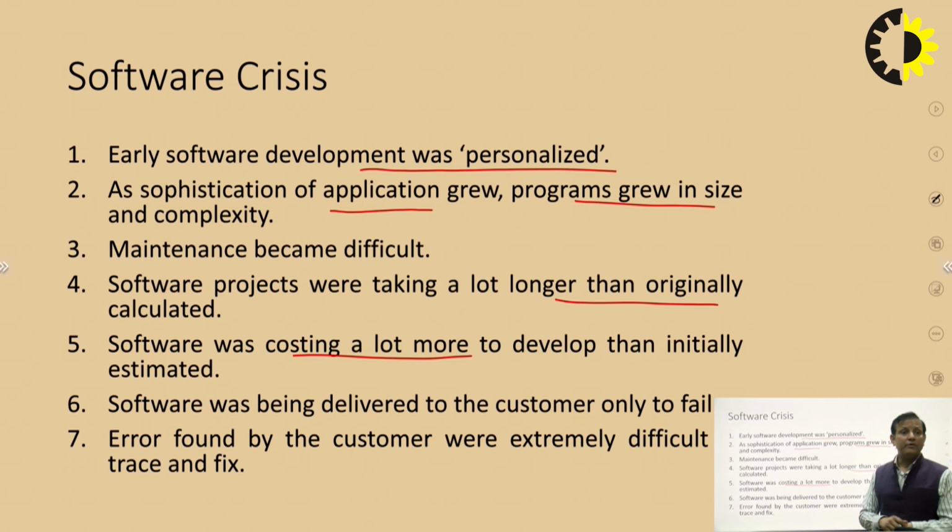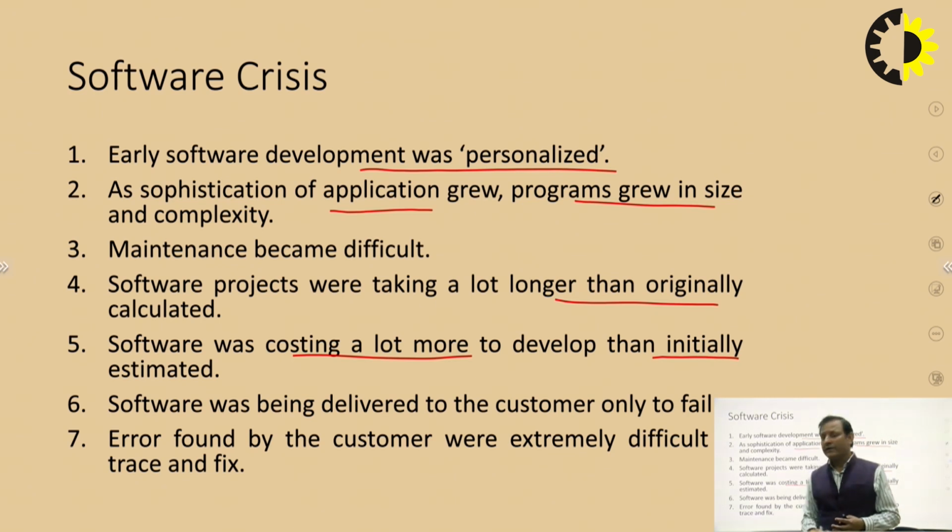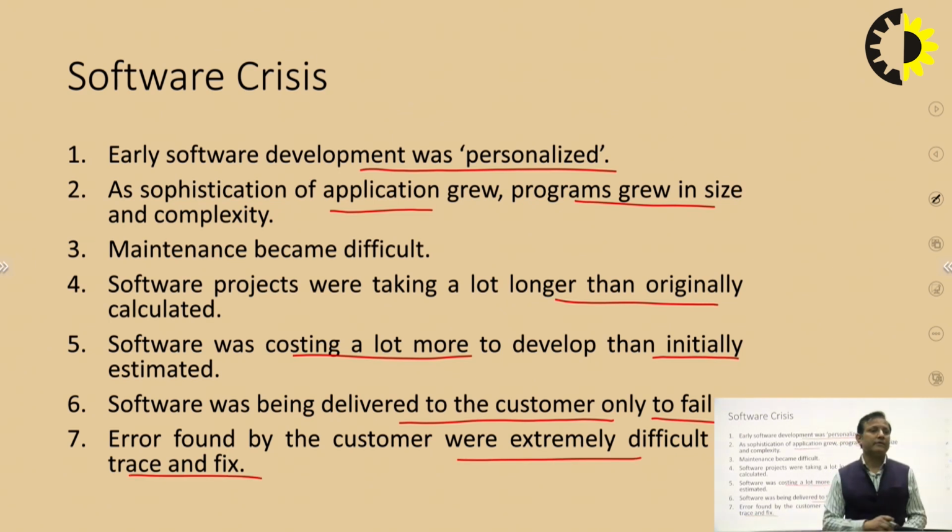Costing was so high compared to what we initially estimated. It was being delivered to the customer only to fail. Errors found by the customer were extremely difficult to trace and fix.